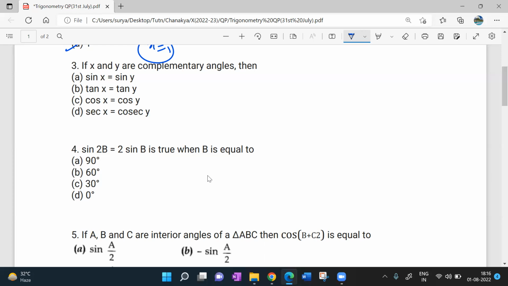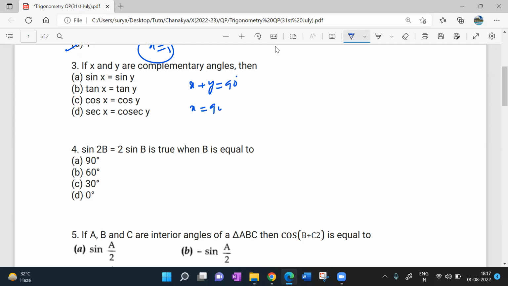Very simple question. Look at it here. For suppose x plus y is equal to 90 degrees. That is what it has to be. Let me write it simply as x plus y is equal to 90 degrees.